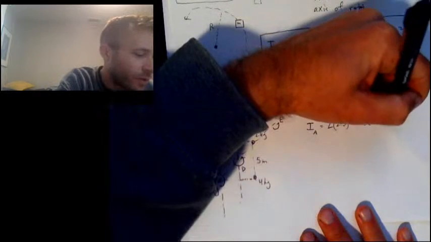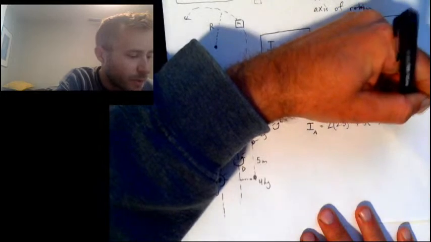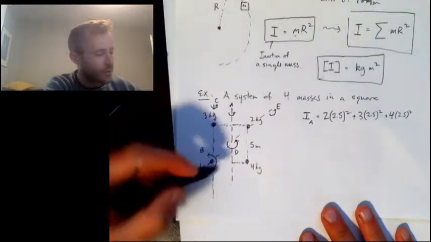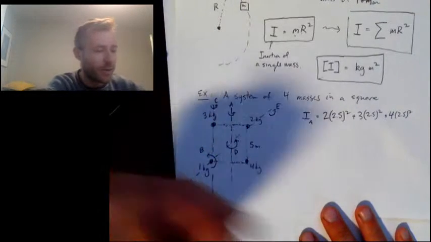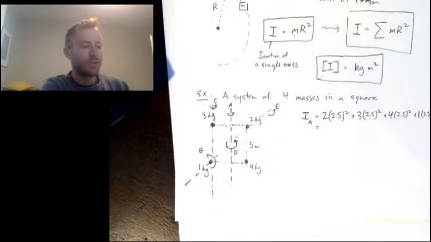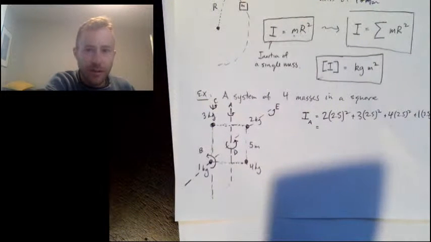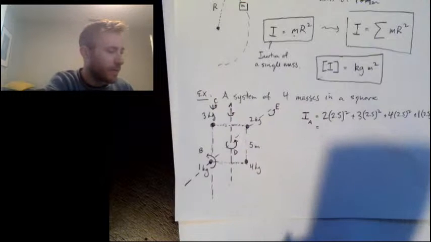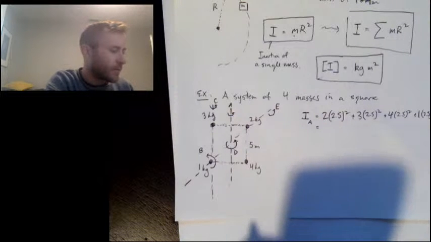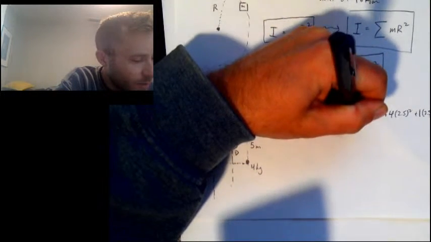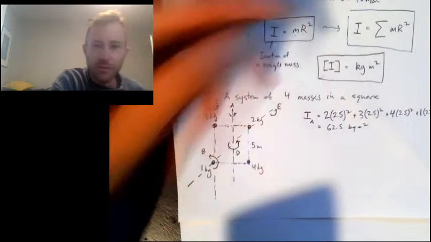So I have plus 4 times 2.5 squared. And then lastly, I have the 1 kilogram mass, which is also 2.5 meters from the axis of rotation. So that gives an inertia about axis A of 62.5 kilogram meters squared. So that's for axis A.